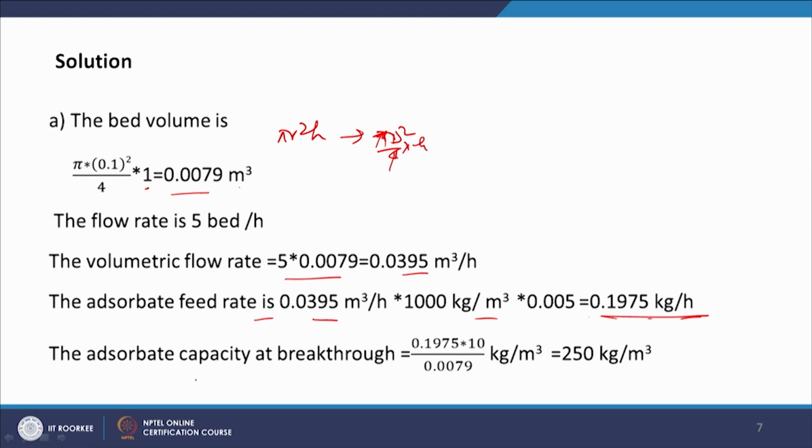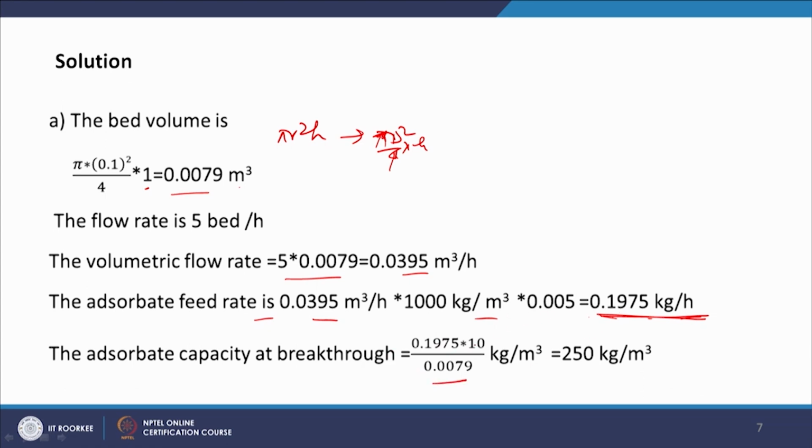Then the adsorbent capacity at breakthrough, what will be our adsorbent capacity? This is our adsorbate which is captured by the adsorbent. The volume of that adsorbent is the reactor volume 0.0079, and 0.1975 into 10 which we have calculated here.